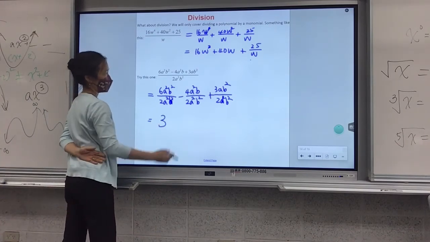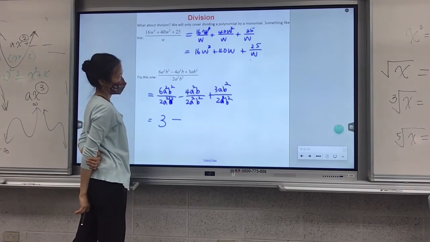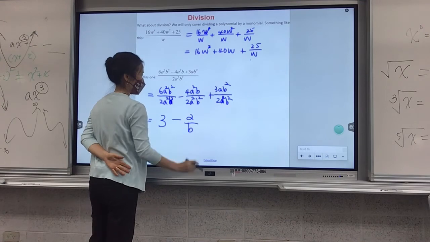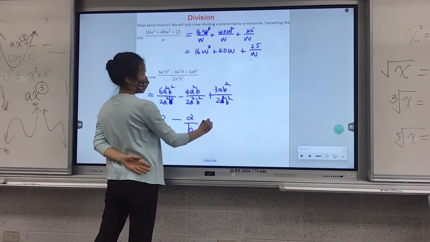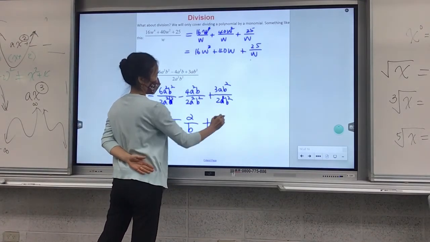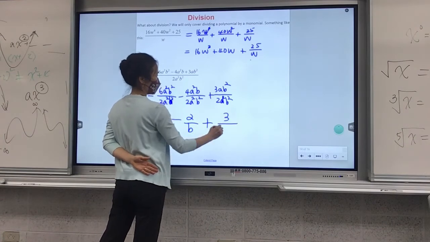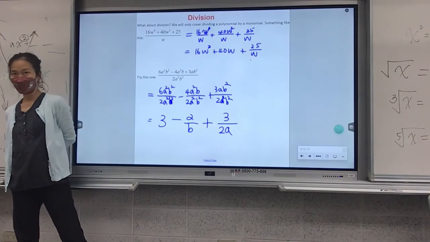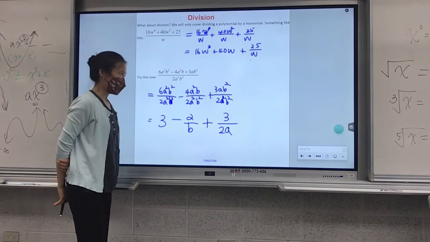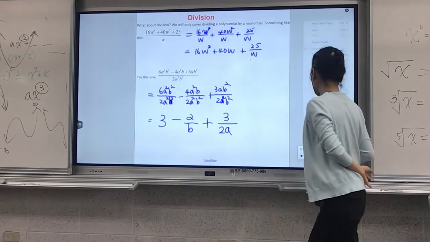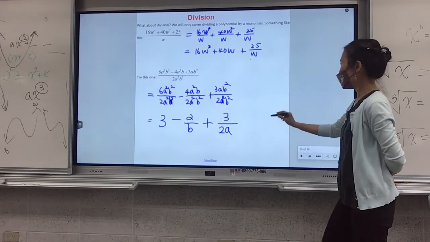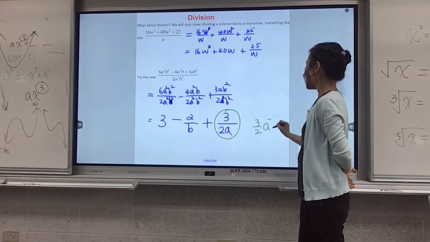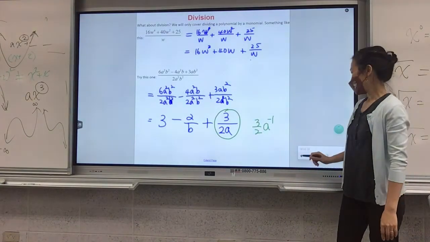Second term? 2 over B. Excellent. Third term? 3 over 2A. If I write it in exponential form, this term is 3 over 2 times A to the power negative 1. That is not a polynomial.